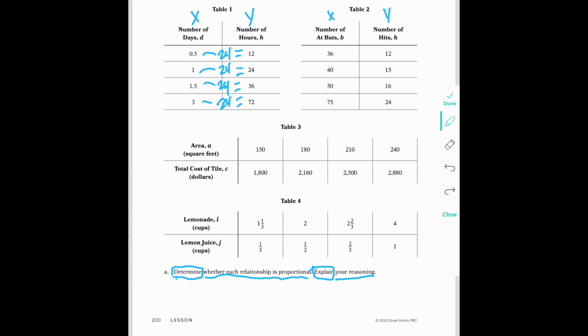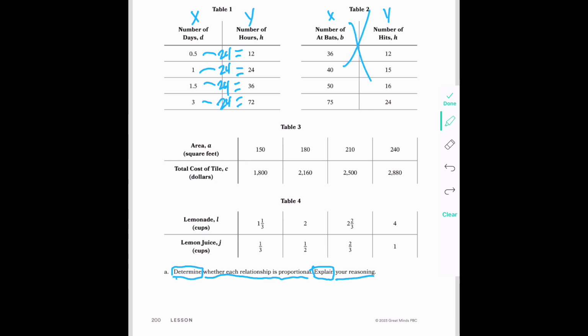Then if you divide 15 by 40, you would get 0.375, which is, I want to say, 3/8. So those are not equivalent ratios, and the constant is not the same. So this one doesn't show a proportionate relationship.